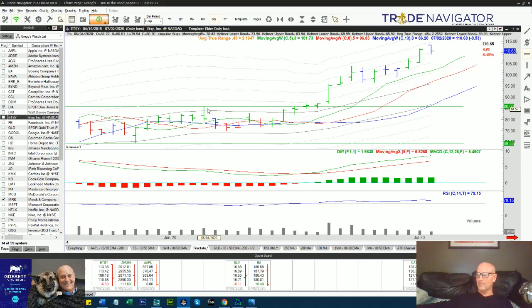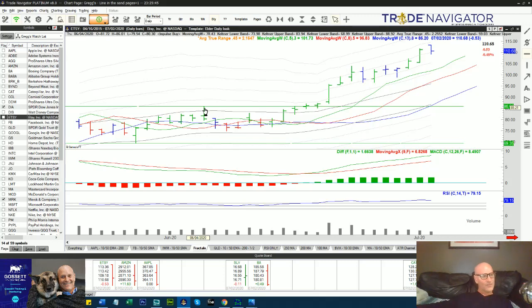Here we have an upside fractal, with a high with 2 lower highs to the left and 2 lower highs to the right. This is a downside fractal if it triggers, this is an upside fractal if it triggers. Just because you have this doesn't mean you go ahead and buy. This is just showing you that this is a fractal point to look at.